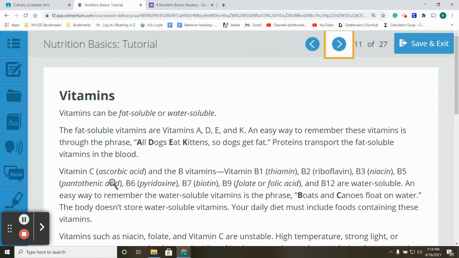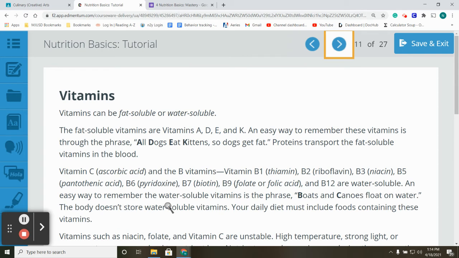Vitamin C, ascorbic acid, and the B vitamins, vitamin B1, thiamine, B2, riboflavin, B3, niacin, B5, pantothenic acid, B6, pyridoxine, B7, biotin, B9, folate or folic acid, and B12 are water soluble.